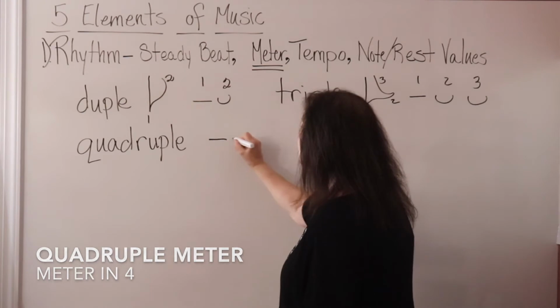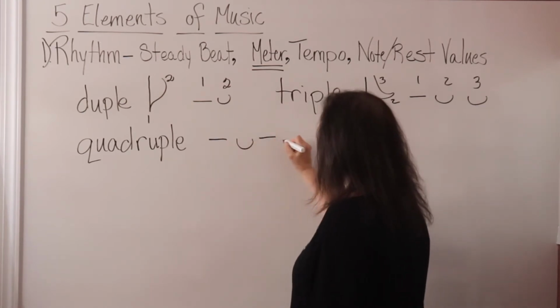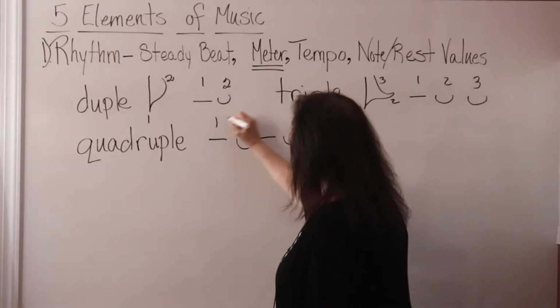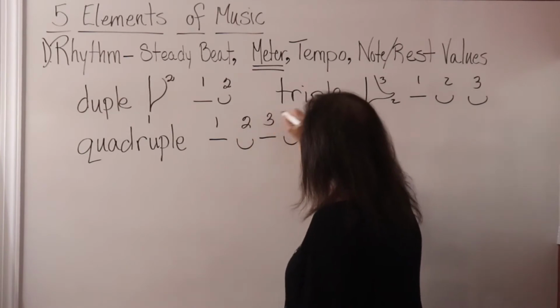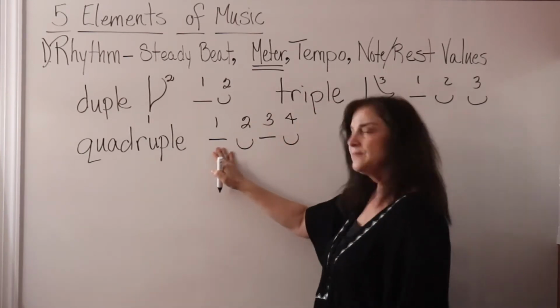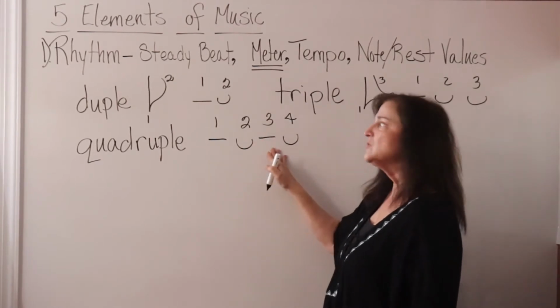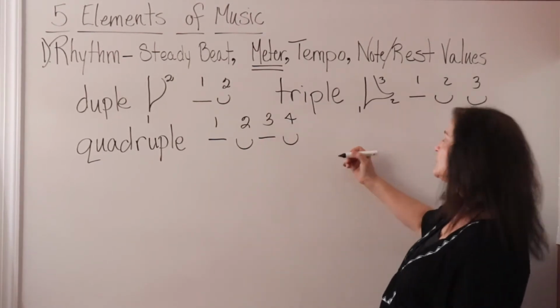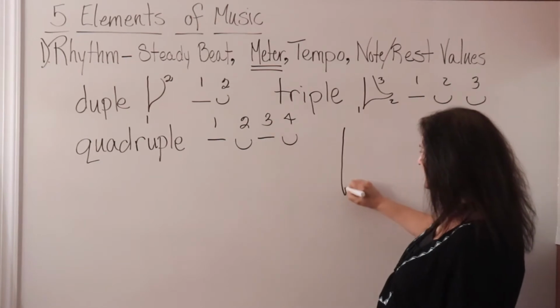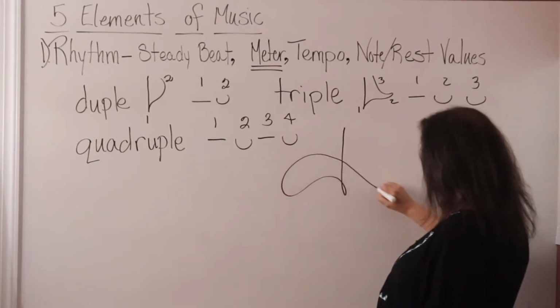So we have accented, unaccented, accented, unaccented. This is 1, 2, 3, 4. In this one, the 1 is clearly more accented than the 3, but 3 is also accented. In the conducting pattern, you'll see it's down, to the left, right, and up.